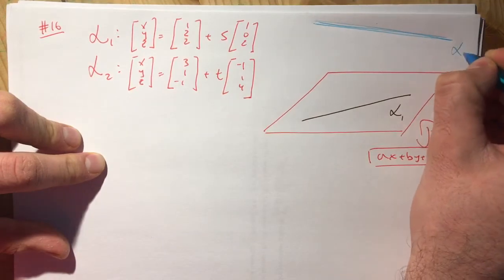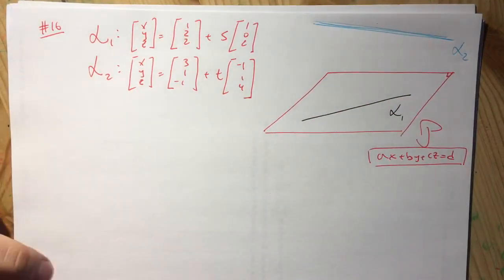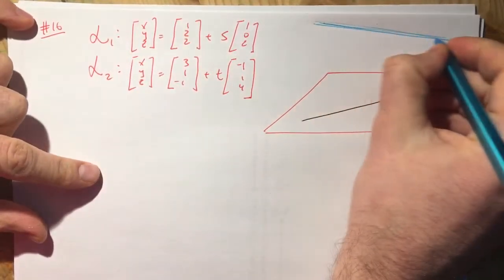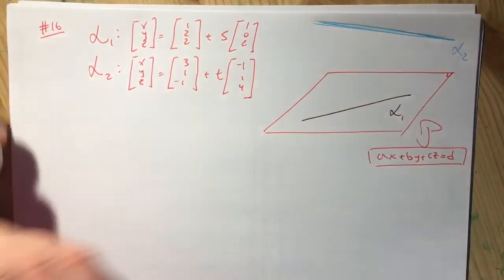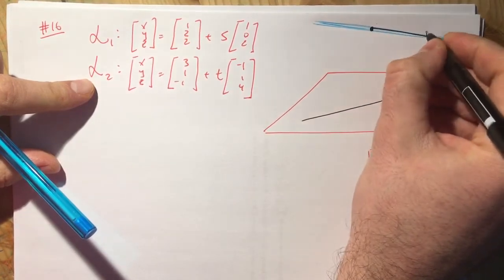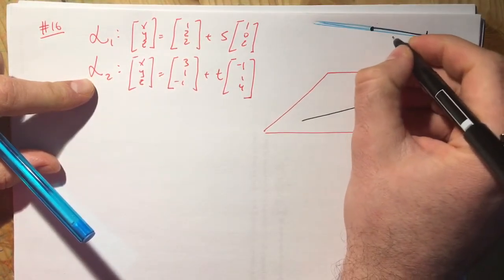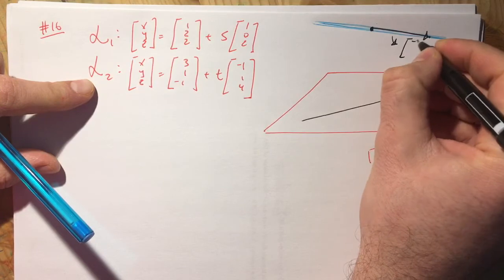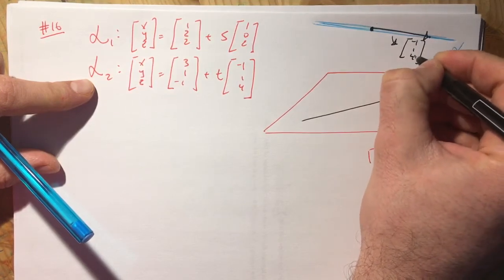Okay, so what are we going to do? What is our approach? This L2 is parallel to some vector here. Okay, and that vector is negative 1, 1, 4.